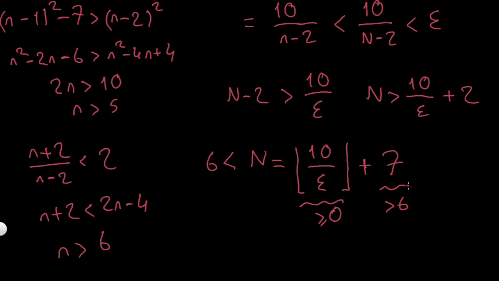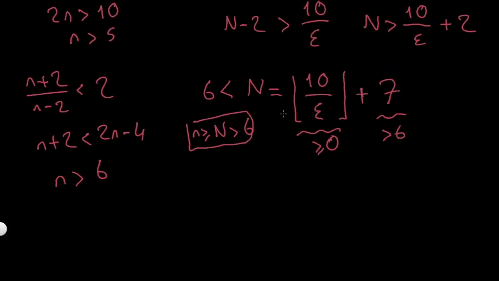So no matter how I pick this n, it will be greater than 6, and everything will be satisfied because n is greater or equal than this capital N, which is greater than 6, and all of my conditions were up to the condition that n was greater than 6. So everything will be satisfied if I have N being equal to, I'm just writing it more clearly, the floor of 10 over epsilon, and if I add 7 to it, everything will be satisfied.